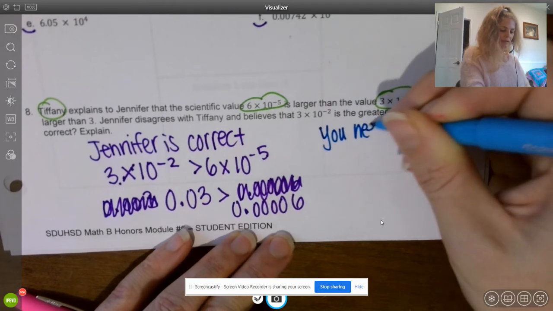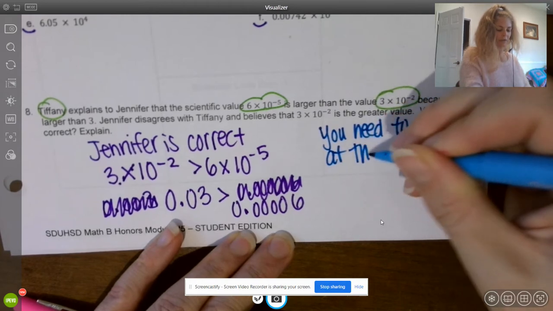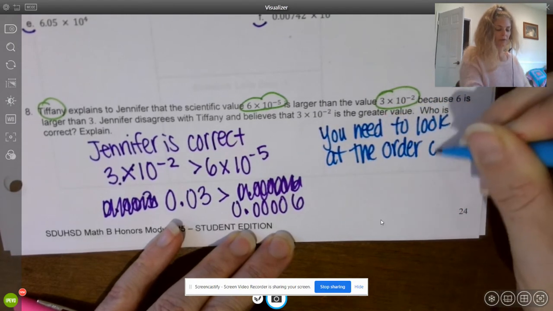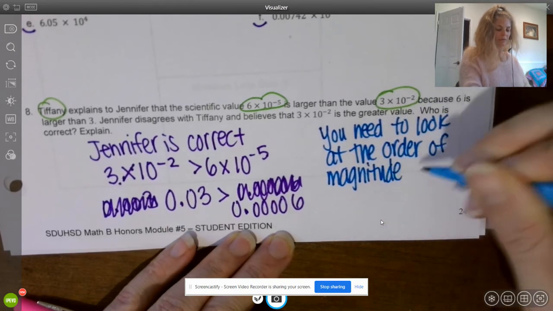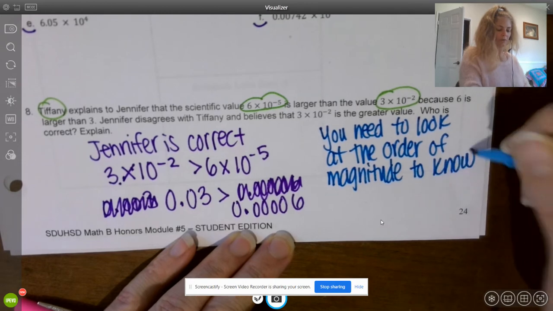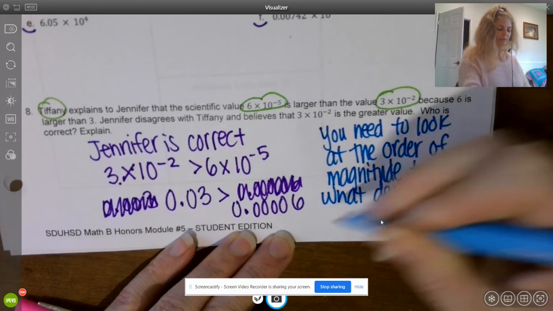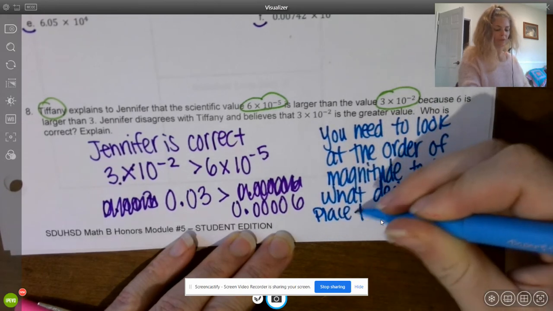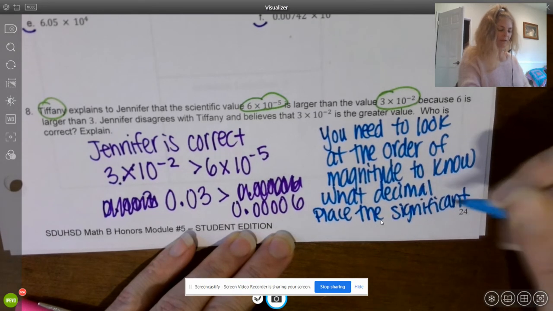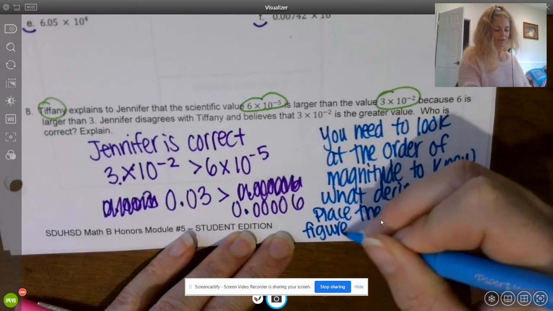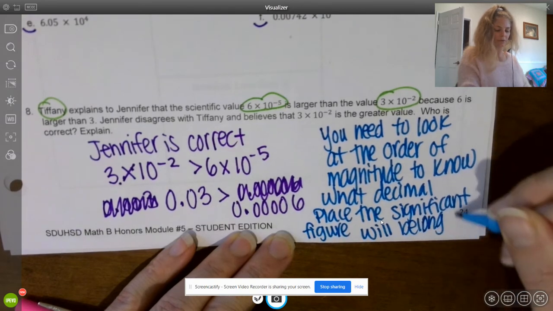So what we can think about is you need to look at the order of magnitude to know what decimal place the significant figure will belong to.